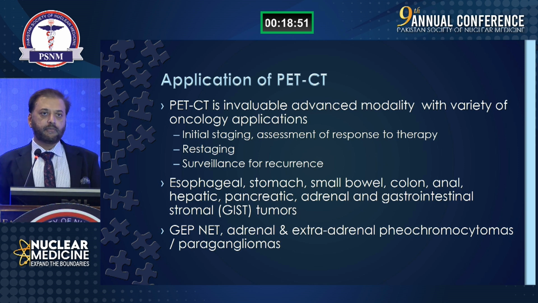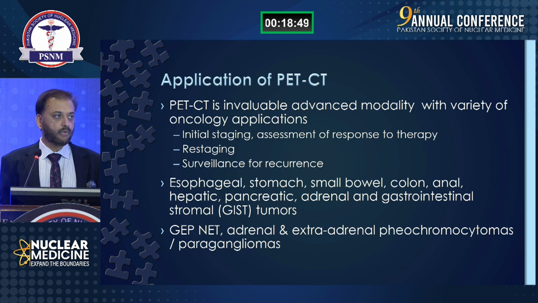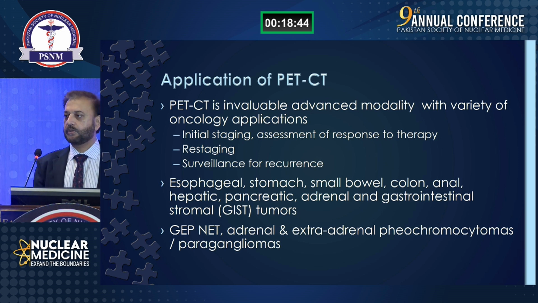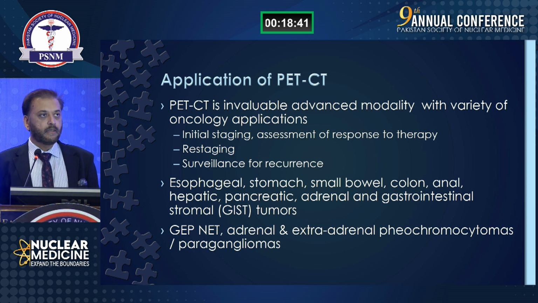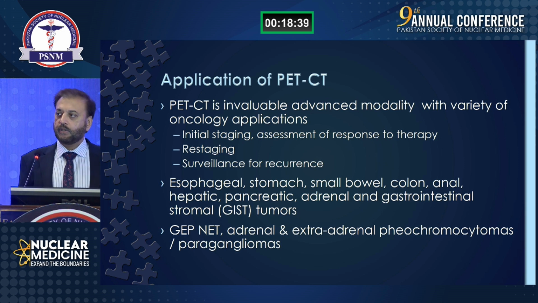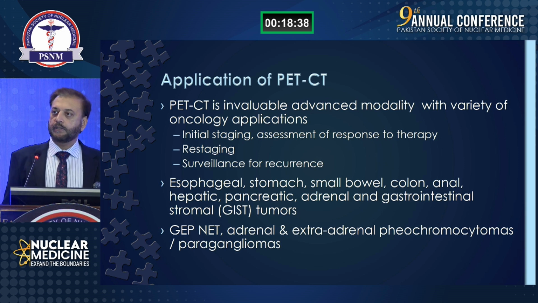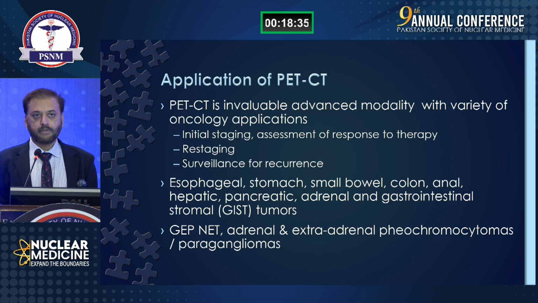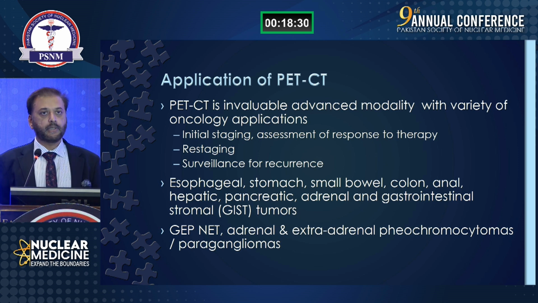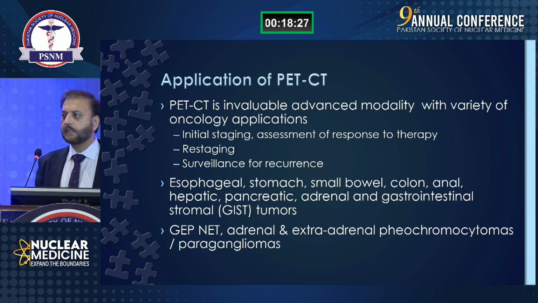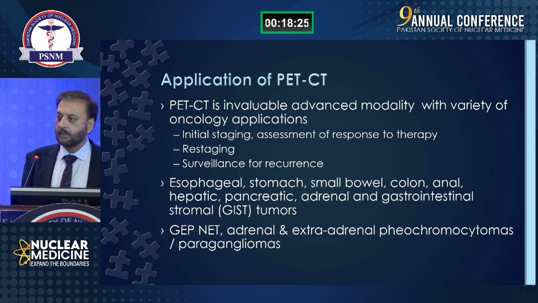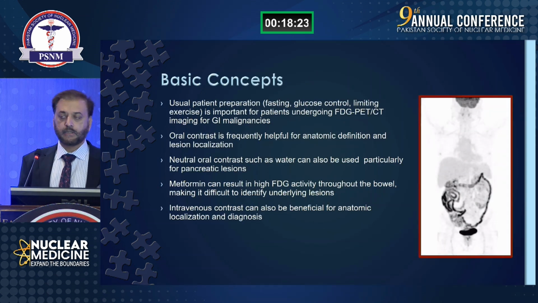So that's how the FDG got its approval for many applications, including staging, restaging, response evaluation, surveillance, and detection of recurrence as well. So the story for the abdominal malignancies, including the GIT malignancies, is similar. It's been used for esophageal, gastric, bowel, hepatic, pancreatic, anal canal cancers, and many others. So we'll see what the limitations are and how it helps us.